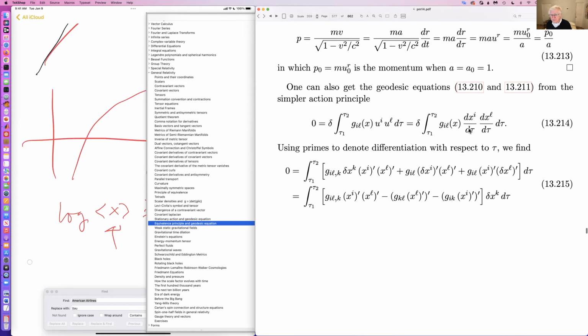It's true that you can multiply tau by any real number and it wouldn't matter, but you can't set lambda equal to tau squared and expect to get the same equation. So let's stick with tau being the proper time.